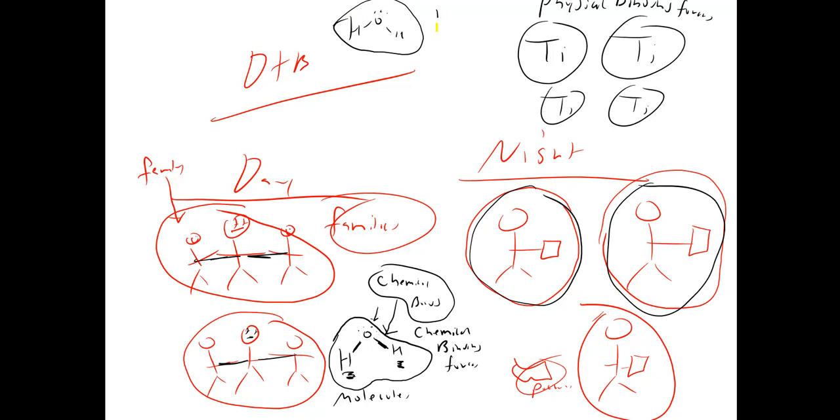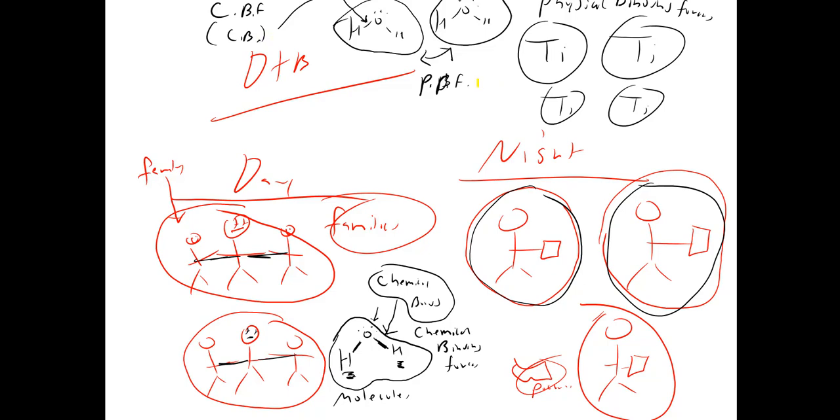So here is one water molecule. Here is another water molecule. In between the molecules, it's physical binding forces, PBF. However, on the inside of the water particle, we have chemical binding forces. Another word for chemical binding forces is chemical bonds.